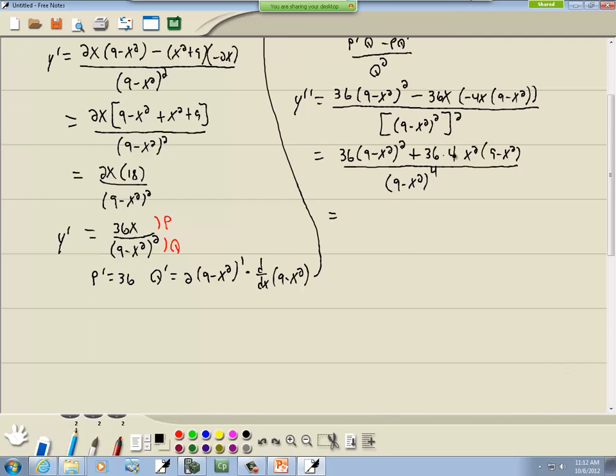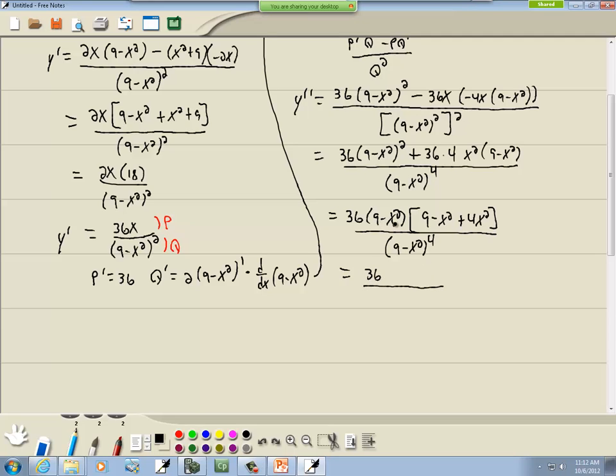Okay, so I didn't multiply these together because I want to factor out what they have in common on top. They both have a 36, so that comes out. And they both have one 9 minus x squared. This first one actually had 2, and this just has 1 of them. Okay, so that 36 is gone. One of these 9 minus x squareds is gone, so we're left with 9 minus x squared. That 36 is gone. That 9 minus x squared is gone, so we're left with 4x squared here, over 9 minus x squared to the 4th power.